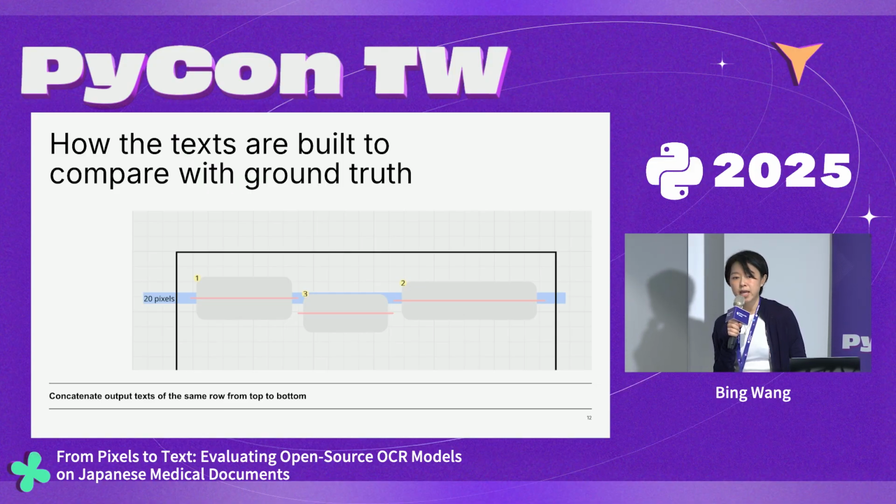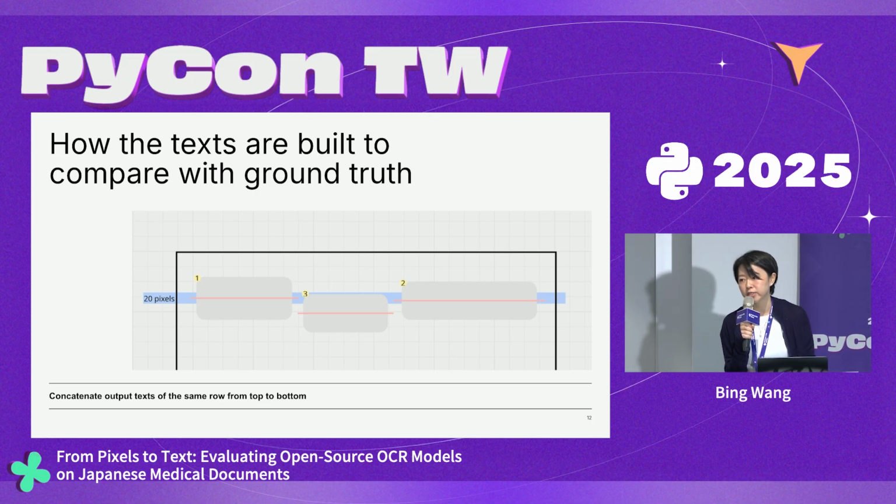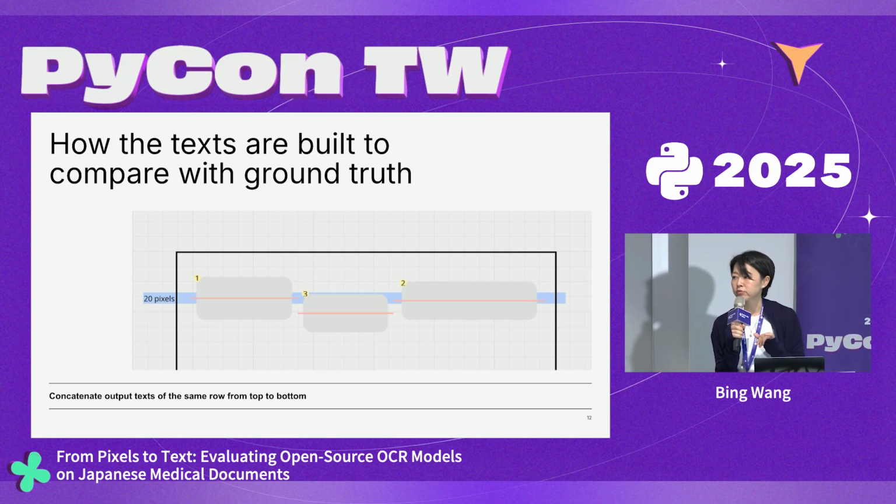It could be a half-width comma, a full-width comma, or an Arabic comma, which essentially mean the same thing, but they have different encodings. So when you're comparing the final result, you need to do a lot of normalization. And another challenge that we face is how are we going to create a scalable way to compare the final result with the ground truth?